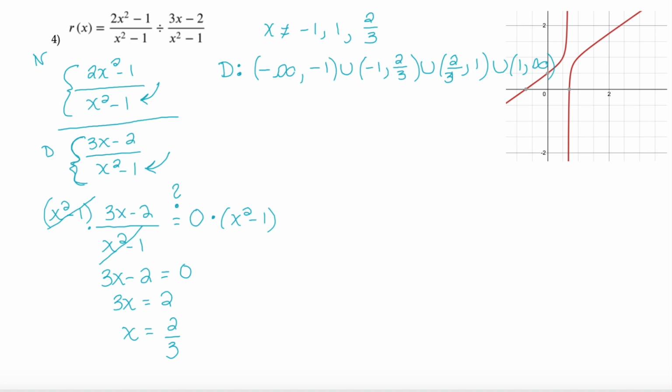Now let's actually simplify. I'm going to start off with 2x squared minus 1 over x squared minus 1. We know that to divide fractions, we've been drilled to reverse and multiply, or don't ask why, just reverse and multiply, or keep, change, whatever rule that you have memorized over the years, that we turn division into multiplication and then flip over that second fraction.